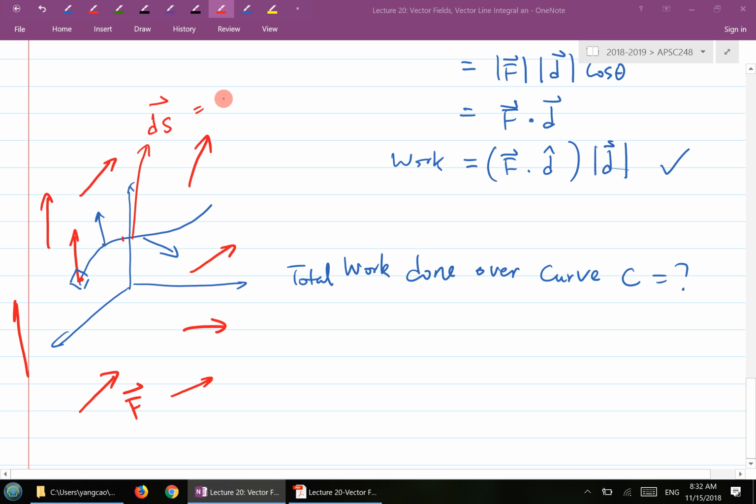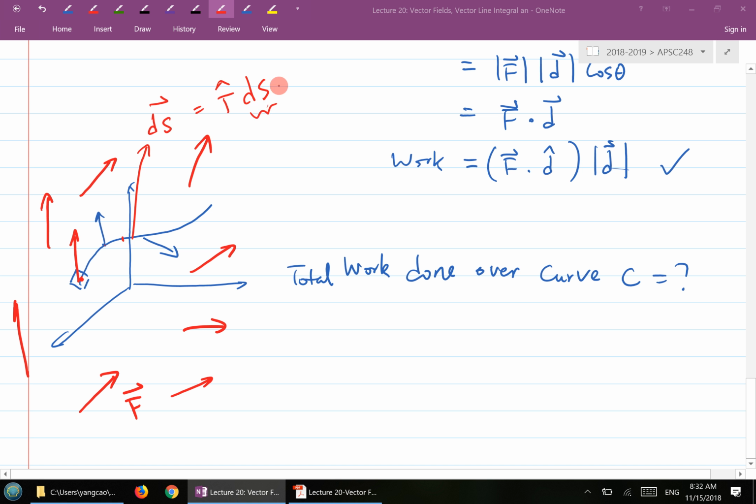So we can use the unit tangent vector to represent its direction. At the same time, you move with a certain quantity ds here. So that's what the ds vector represents: the direction of the curve, which is the t hat, and the distance of movement, the small ds.